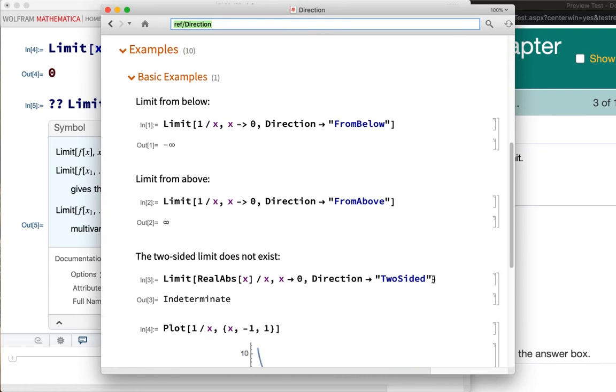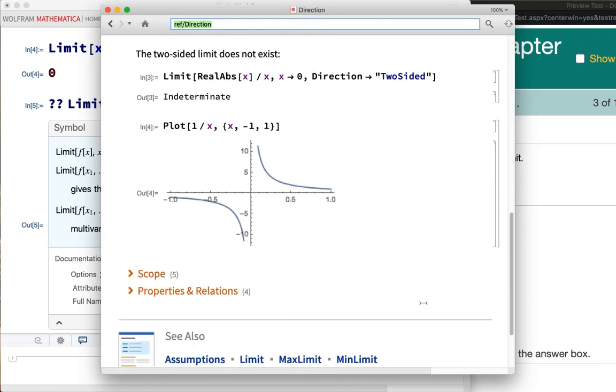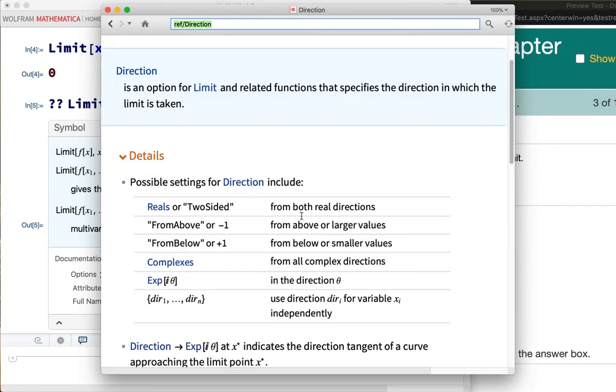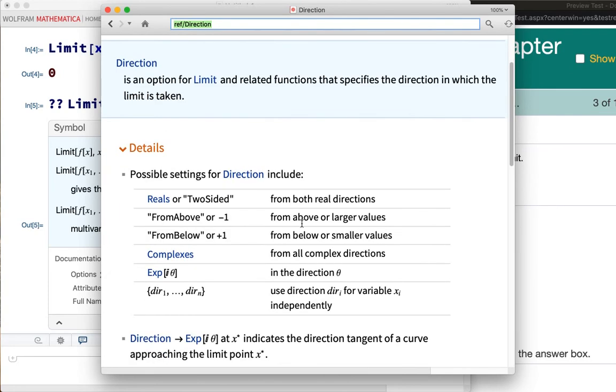Direction two-sided is the default. Possible settings for direction include Reals or two-sided from both real directions, which is the default, from above or -1 from above or larger values, from below or +1 from below or from below or smaller values.